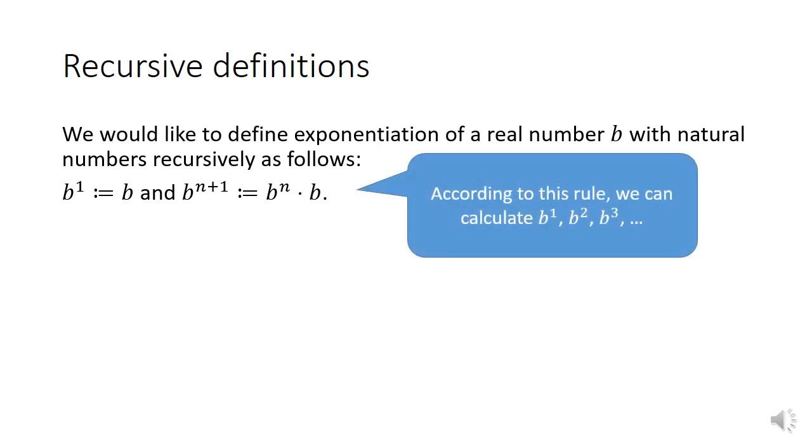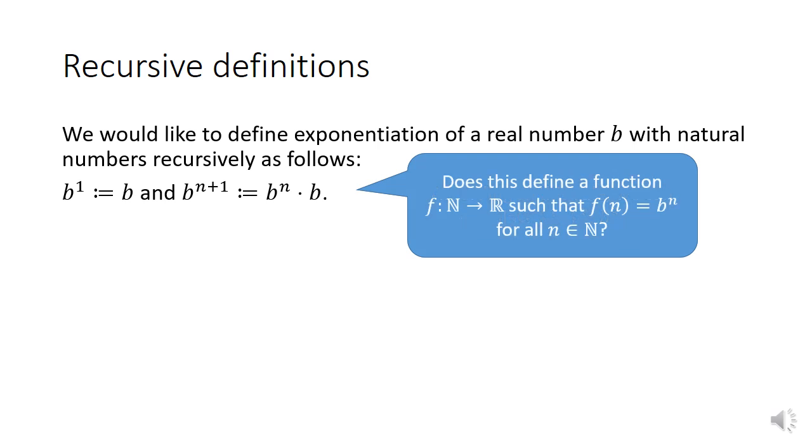According to this rule, we can calculate b to the power of 1, 2, 3, and so on, potentially without end. But have we defined b to the n for all n in N? In other words, does this define a function from N to R that assigns to each n the nth power of b? This is not immediately clear.